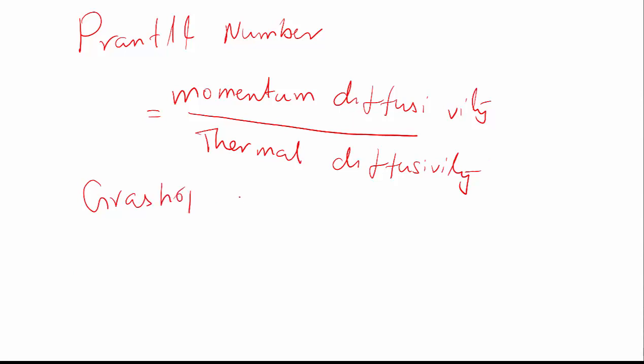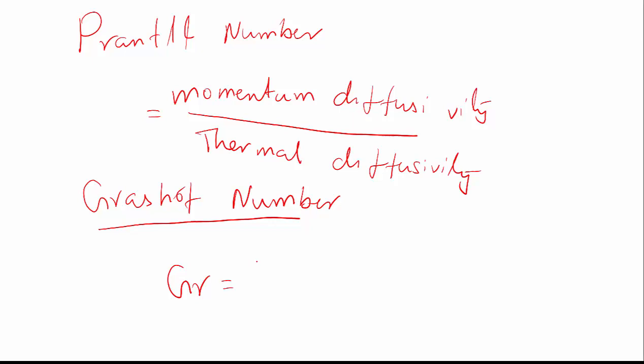Grashof number. Okay, the Grashof number is the ratio of buoyancy force to viscous force. It is a similar number to the Reynolds number, but it is for natural convection.